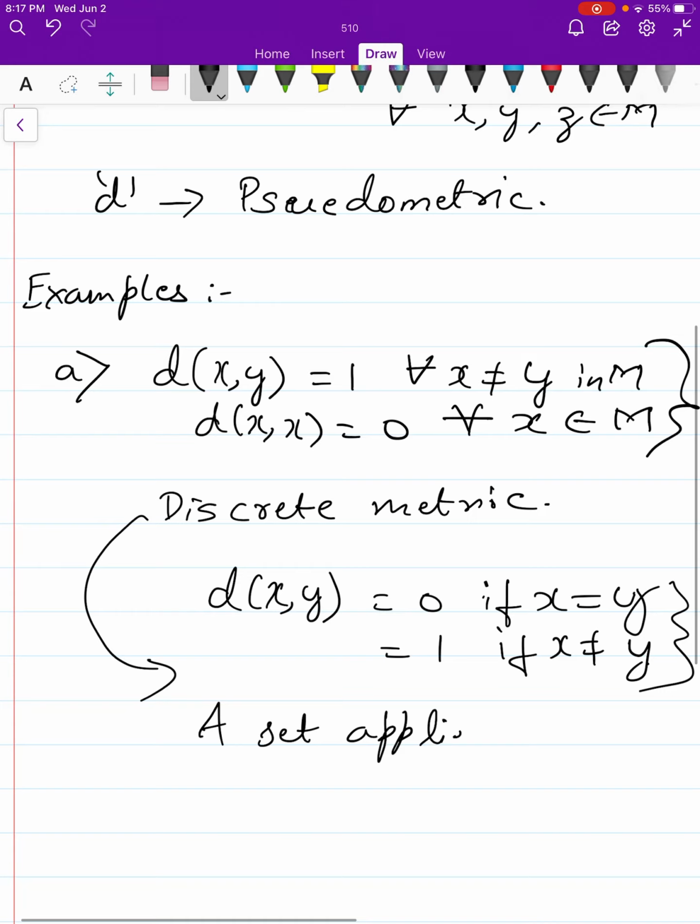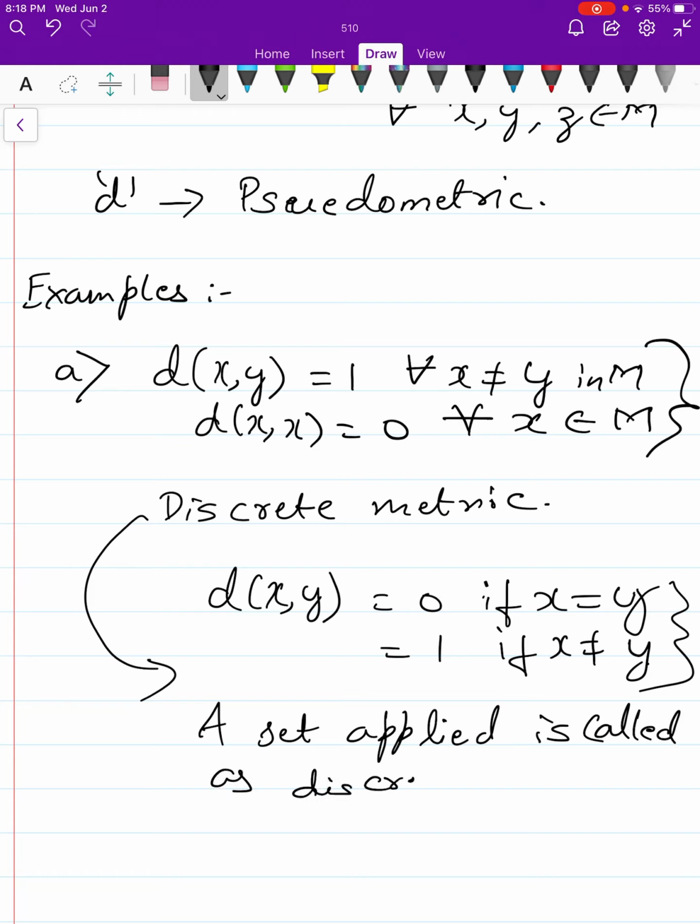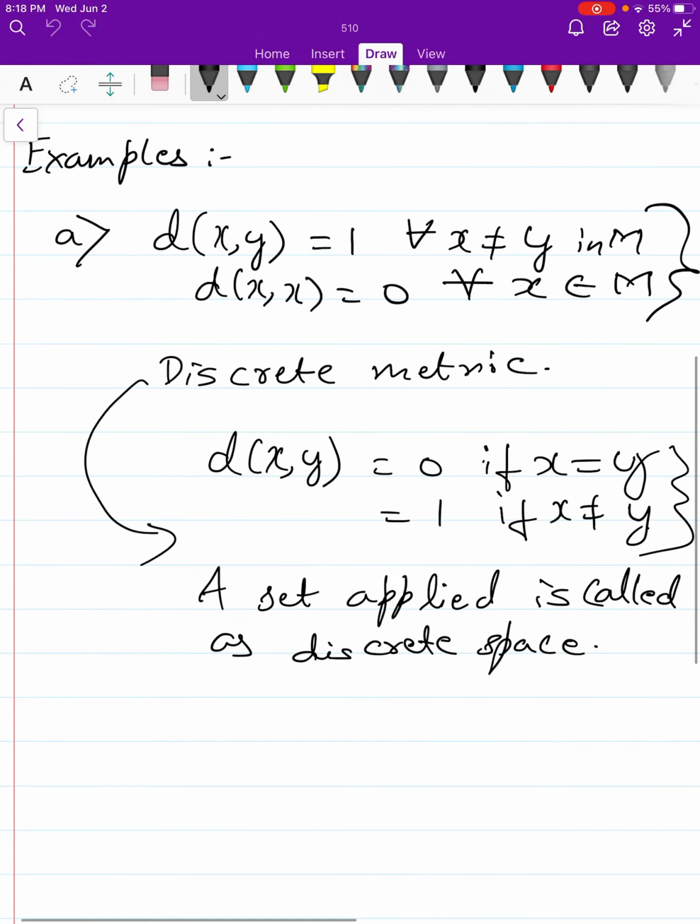You would have studied discrete space in topology, discrete topology, wherein the only two open sets are the null set and the set itself. So this particular metric actually establishes that topology.